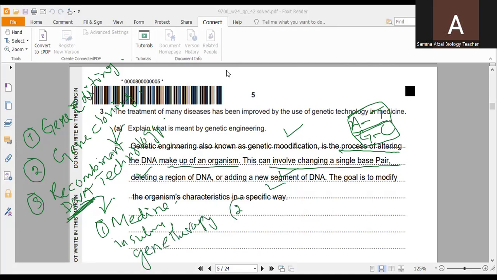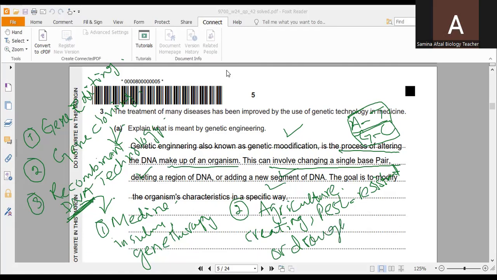The second field is agriculture. In agriculture, we are creating pest resistant, insecticide resistant, or drought tolerant crops.